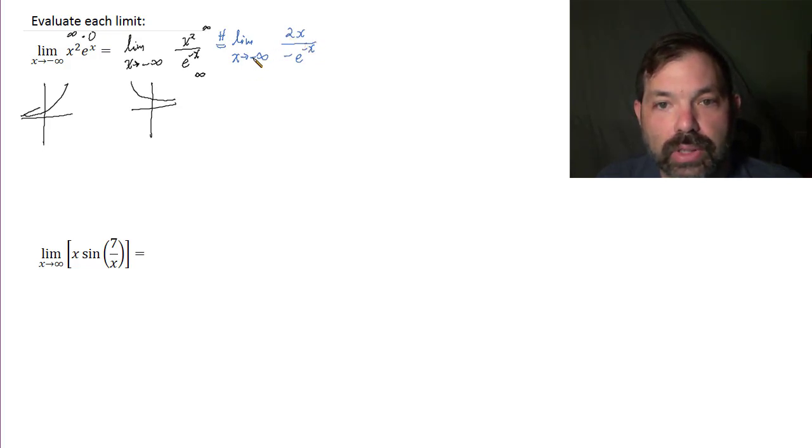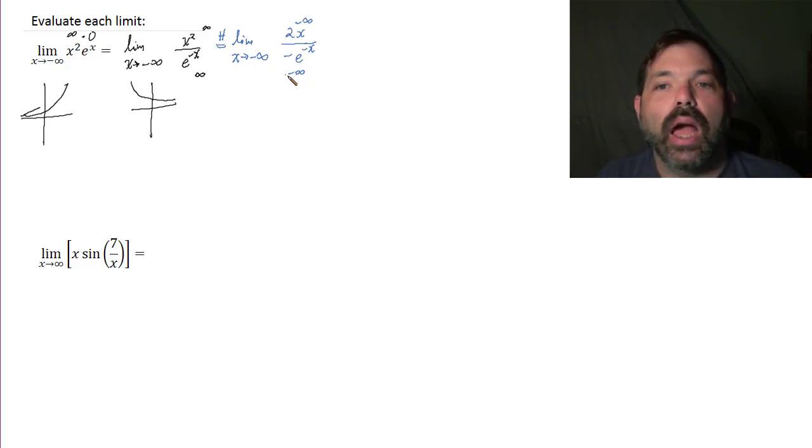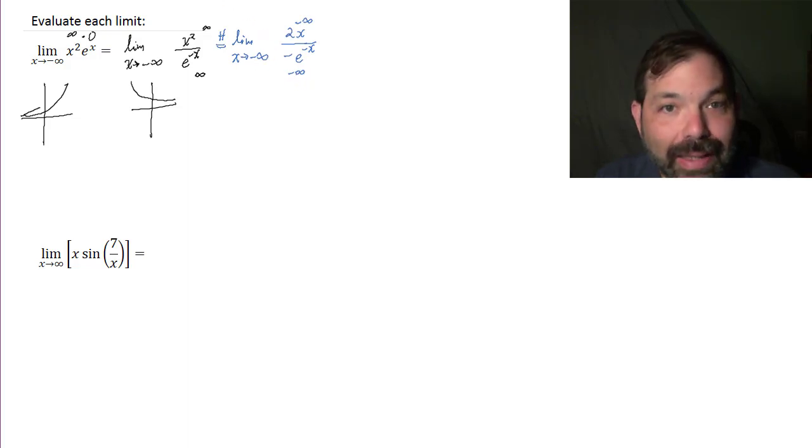As x approaches negative infinity, 2x goes to negative infinity, and negative e to the negative x is again an infinity of some type. So this gives me a negative infinity in the numerator and a negative infinity in the denominator. I can apply L'Hopital's rule again.